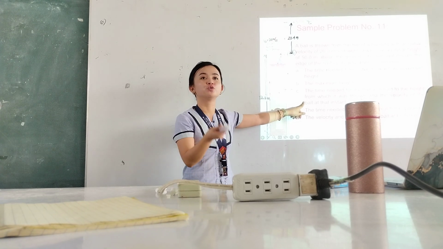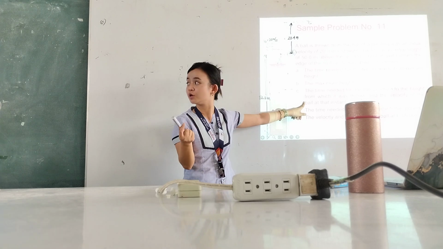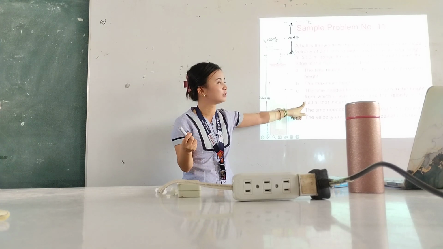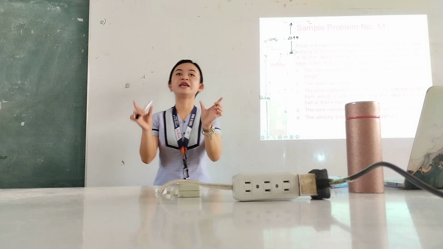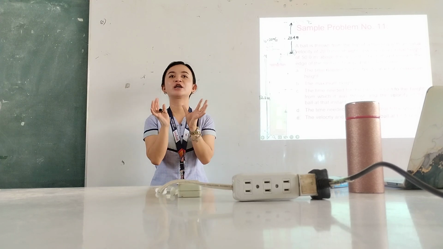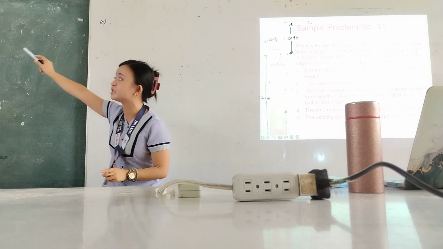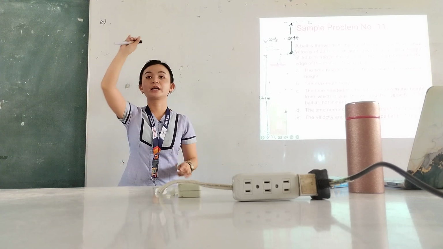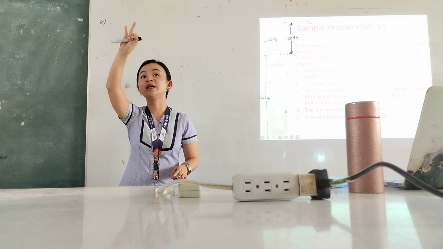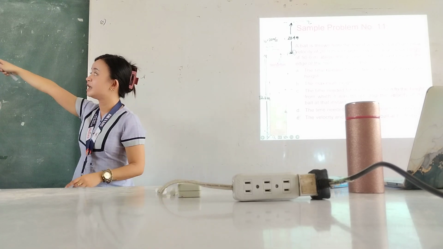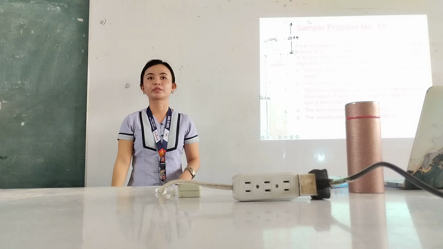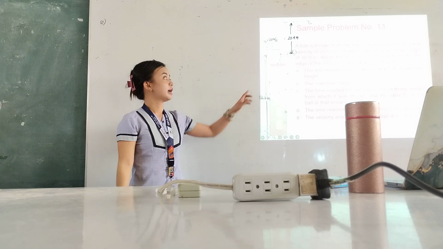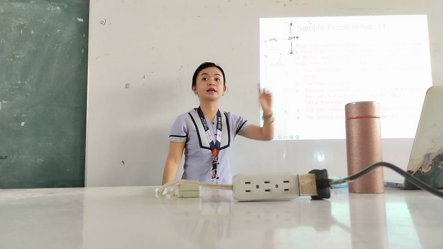What equation do you use? Let's take the first equation. Time is unknown, g is given, 9.81. The initial velocity is given, 20 meters per second, correct?